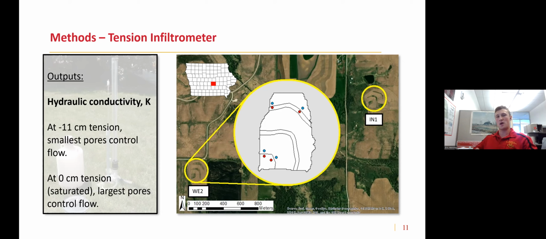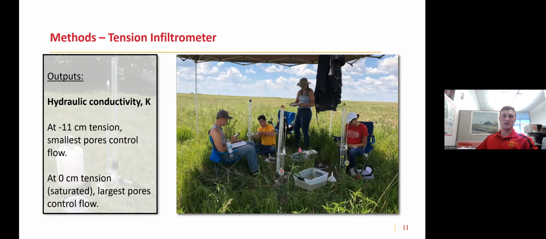We'll set a tension on the equipment, and at the smallest tension, only the smallest micropores will have water flowing through them. And then at the largest tension, or kind of like saturated conditions, it's really the largest macropores that have water flowing through them. And this is represented in our hydraulic conductivity measurements. Here's just a picture of the team out in the field performing this experiment.